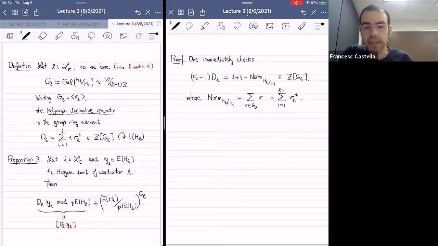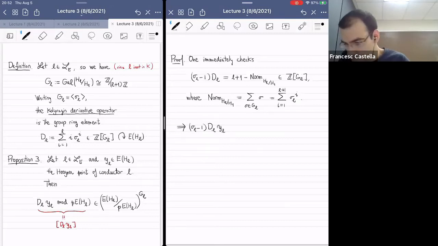But now let's take this equality and apply y_L to it. So this implies that if I take sigma_L minus 1 times D_L applied to y_L, we're going to get L plus 1 times y_L minus the norm from H_L down to H_1 of the point y_L.